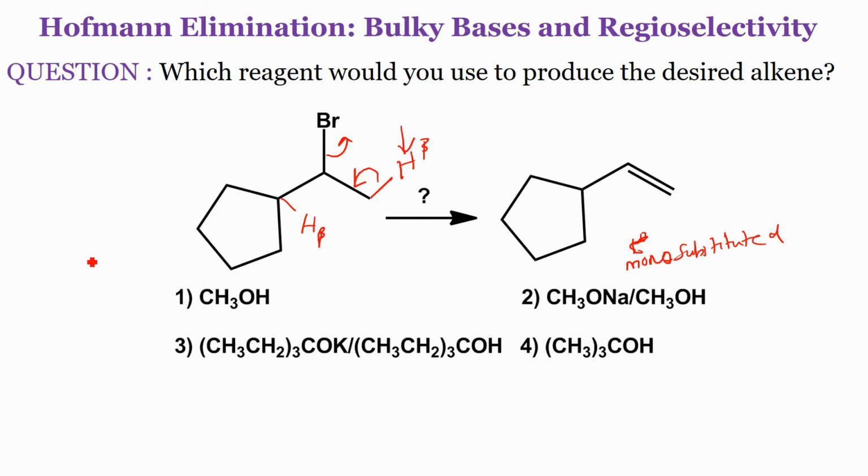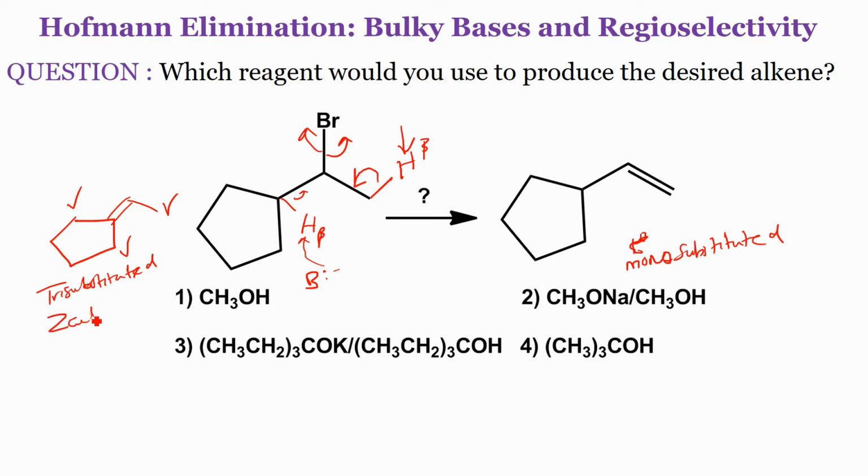Now, if the base would have taken out this other beta hydrogen, the product would look like this. You have a carbon, a carbon, a carbon. This is tri-substituted. Because it's tri-substituted, it's more substituted than this.